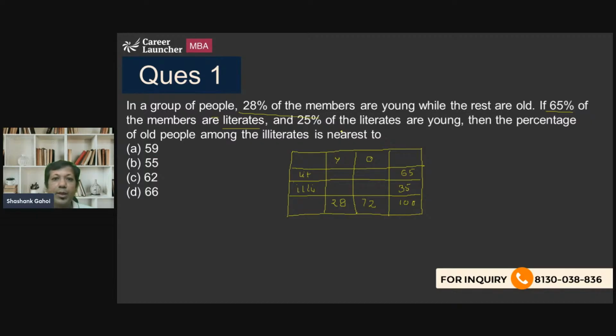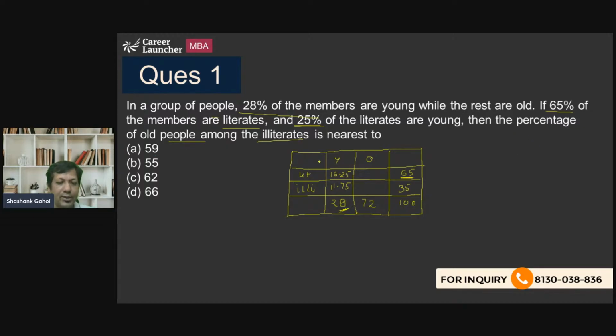Now 25% of literates are young. 25% of 65 is close to 16, or I would say 16.25. Then this value comes out to be 11.75, because the sum of these two should be equal to 28. Now the question is asking what percent of the illiterates are old people.